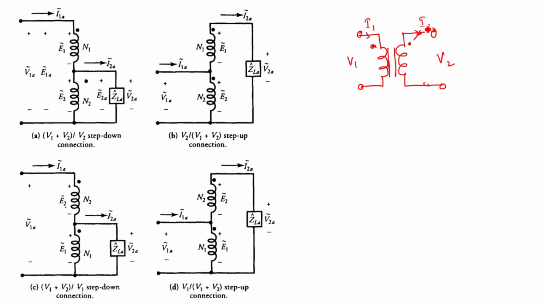Then if this two winding transformer is connected as an autotransformer, we will have four combinations.